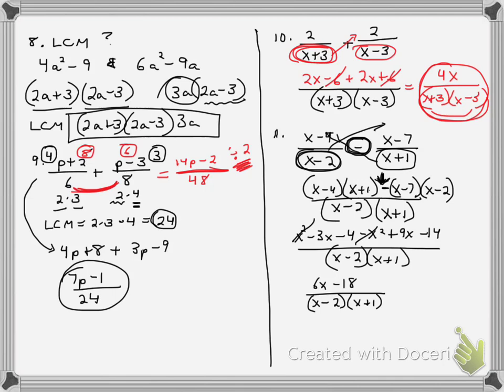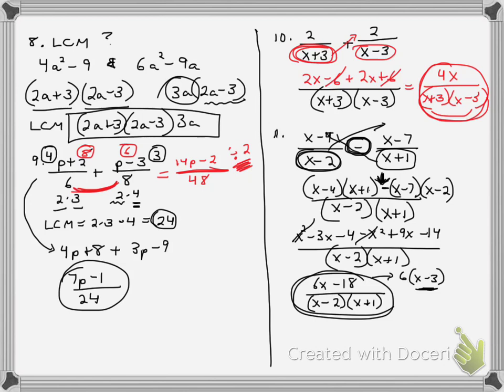I notice I could factor this numerator, taking a 6 out and getting x minus 3, but that's not going to help me any because that doesn't cancel down below. And of course we know we cannot start canceling parts of things. We can only view these things as factors that can cancel. So that's just a perfectly good answer right there.